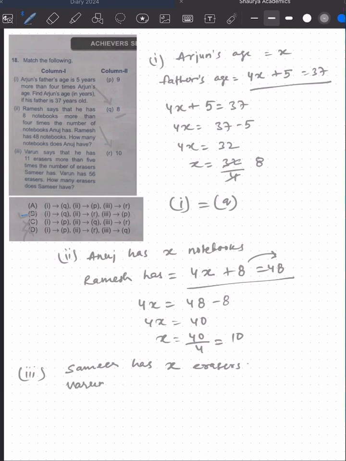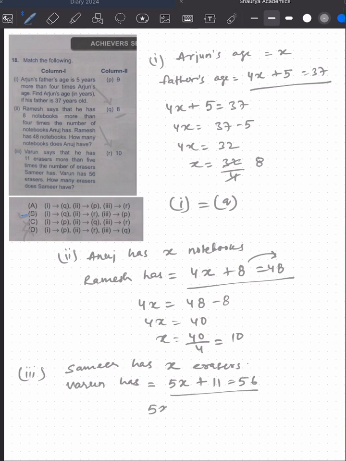Varun has, as per the condition given, how many? 5 times the number of erasers Samir has, so 5x plus 11 more, 11 more than 5 times. And how many in total does he have? 56. So that becomes your equation.